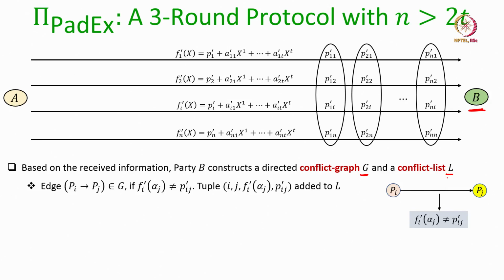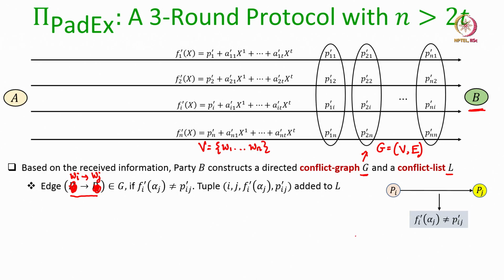First of all, this graph will have vertex set as V and edge set as E, and the vertex set will be, sorry for the typo here, it should not be Pi to Pj, it should be Wi to Wj. So, the vertex set is the set of wires.